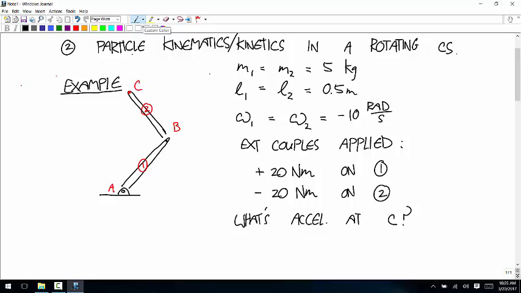Yes? Well, the couple is either acting on one body or the other. If you think of it as two forces, it has to be two separate things.